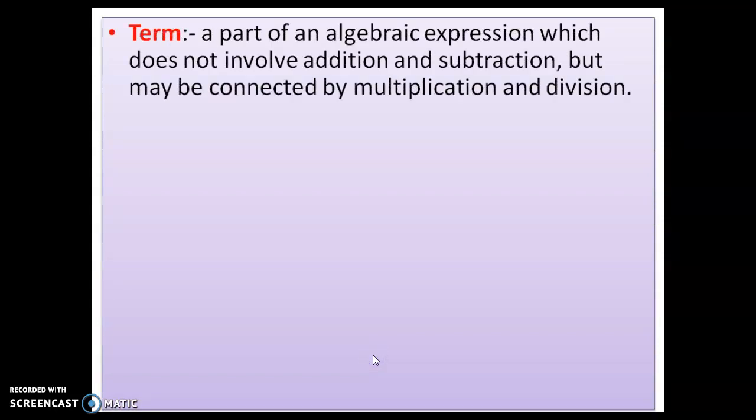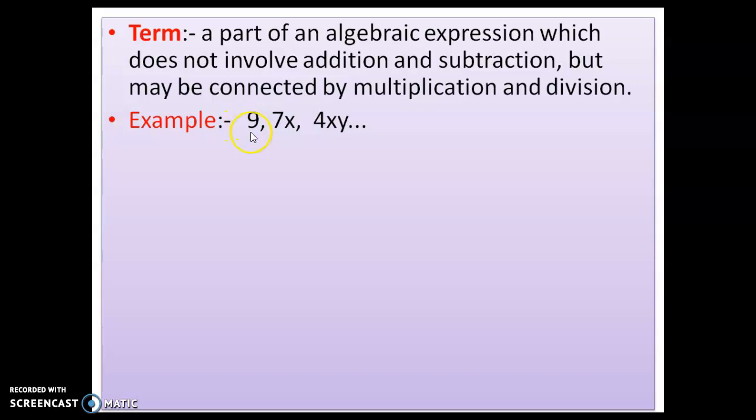Then term: a part of an algebraic expression which does not involve addition and subtraction but may be connected by multiplication and division. In this example, 9 itself is a term.